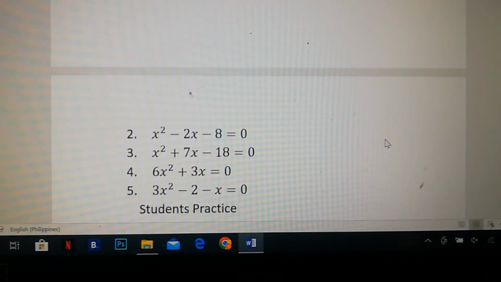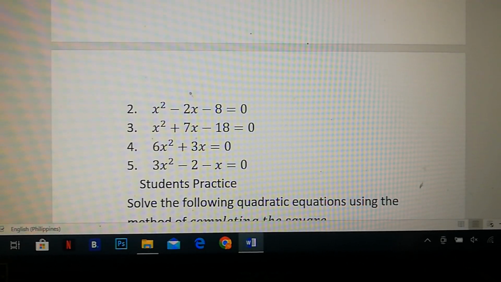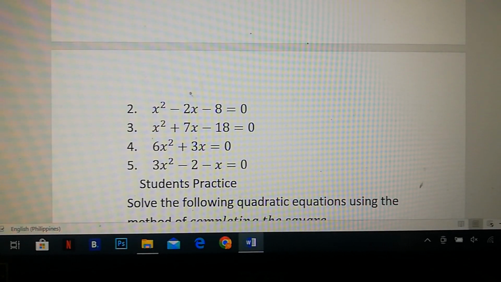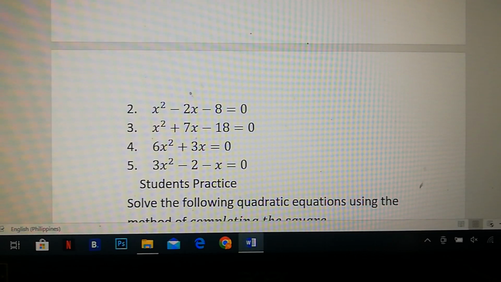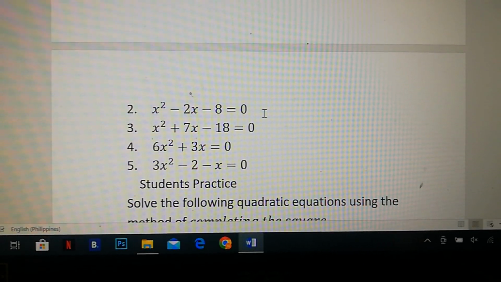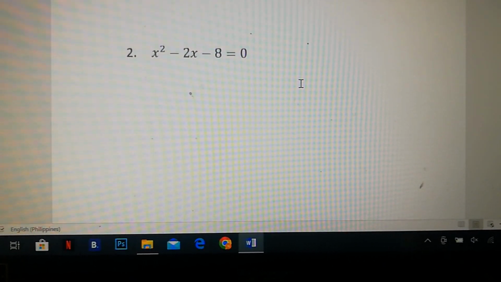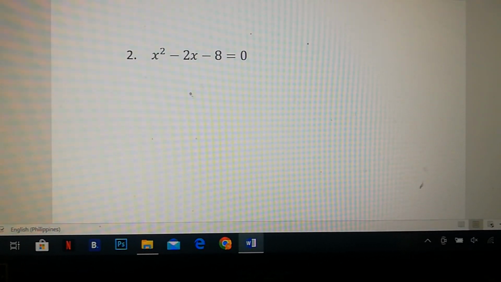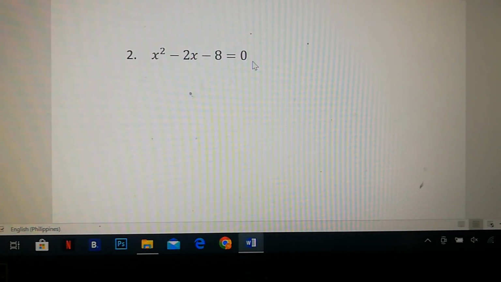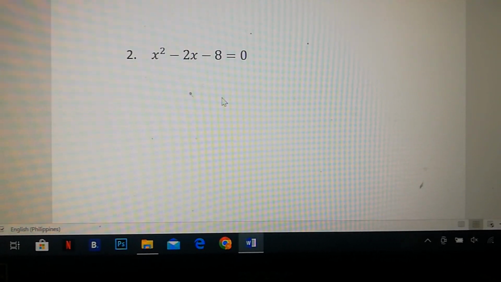Next is number 2. x squared minus 2x minus 8 equal to 0.